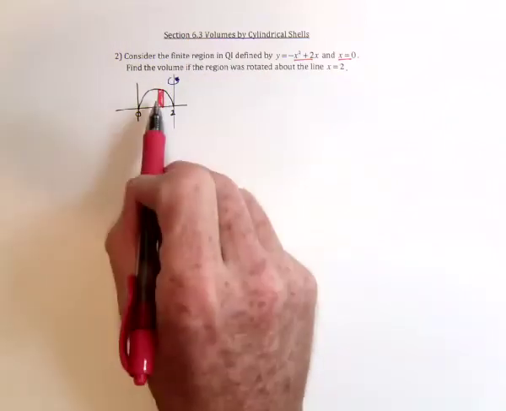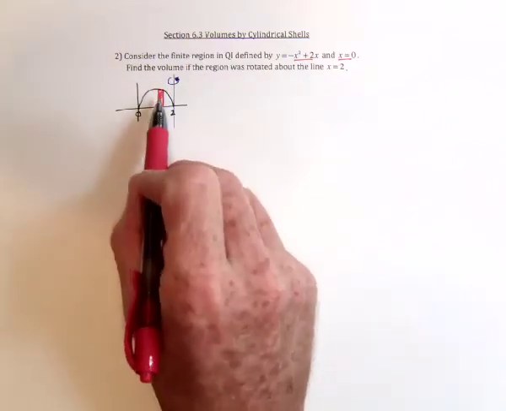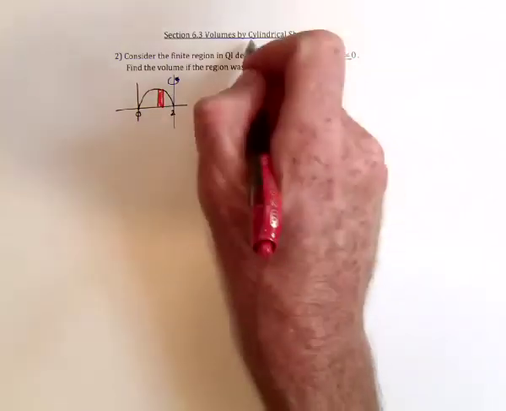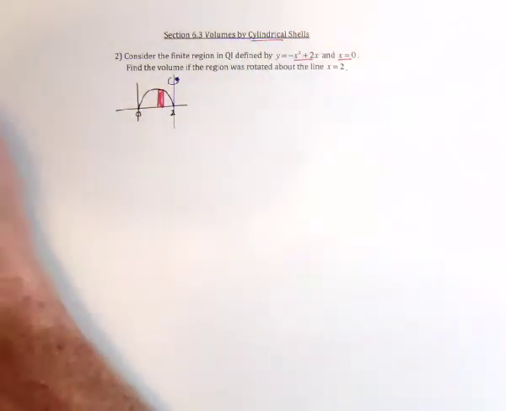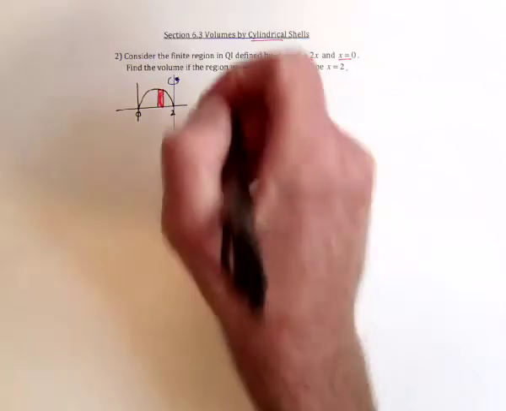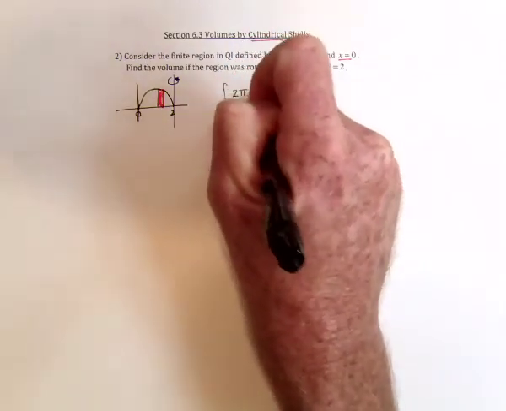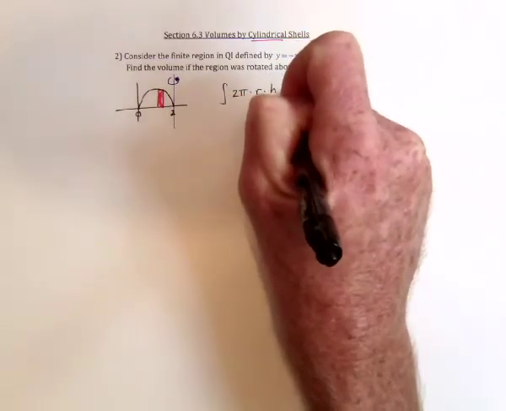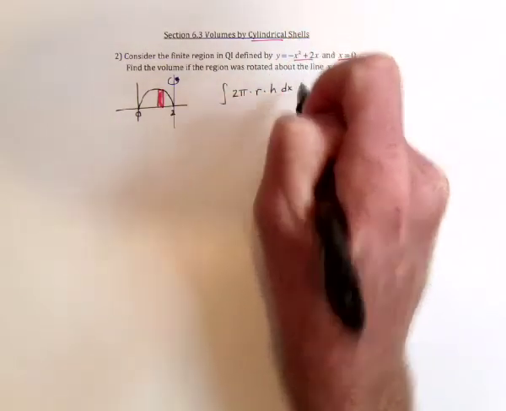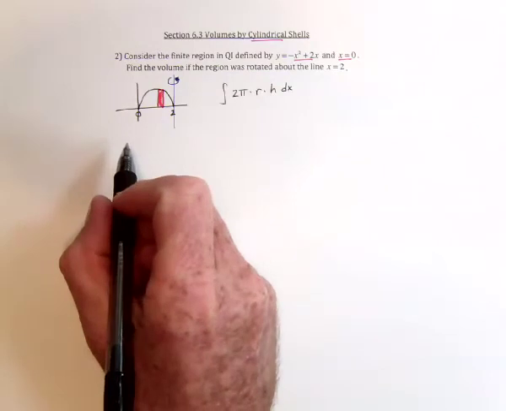And because this representative rectangle is parallel to the axis of rotation, I know that I'm going to be using the cylindrical shell method. The general idea for that is integrate 2 pi times the radius times the height with respect to, in this case, x going from 0 to 2.